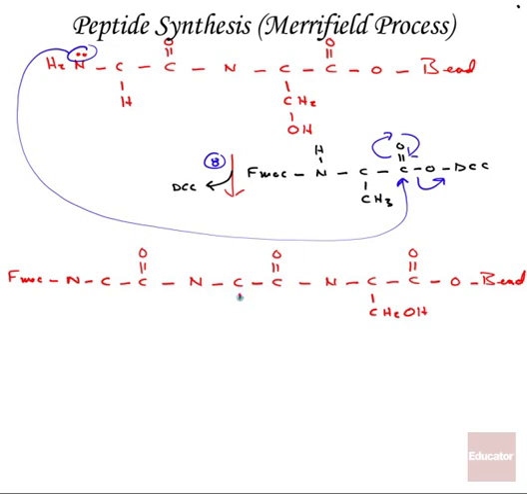My second is my glycine, which is just H. My third is my alanine, which is CH3. There is a hydrogen attached to each nitrogen. I've got my bead, serine residue, glycine residue, alanine residue, and now it's protected.